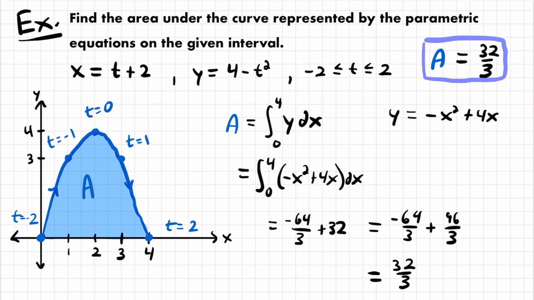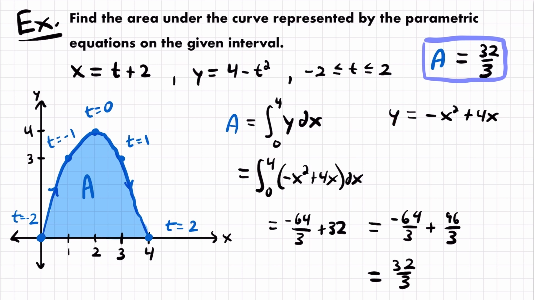And so it doesn't matter which method you use. Sometimes it will be easier to work in terms of x rather than in terms of the parameter. But in most cases where you're going to be asked to find the area under a curve represented by parametric equations, the rectangular equation that you get from eliminating the parameter most likely will not be able to be solved for y.